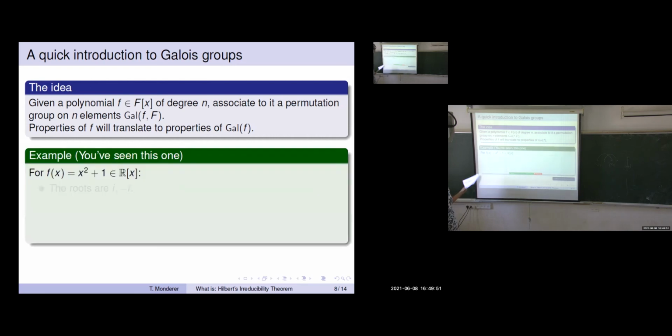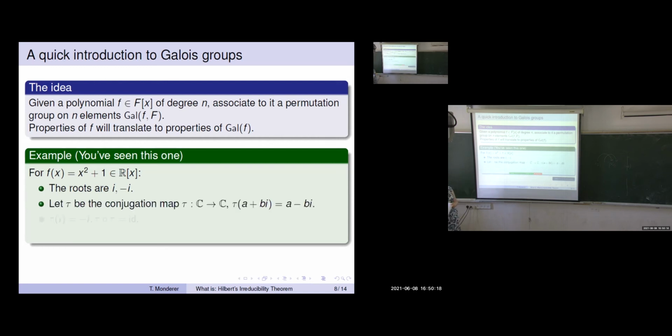So there's one Galois group which you've seen. Let's look at our favorite degree 2 polynomial, x squared plus 1. If you'll notice, all our polynomials are either of degree n or of degree 1. Then let's look at, for a change, this polynomial over the real numbers. We know it has two complex roots, i and minus i.